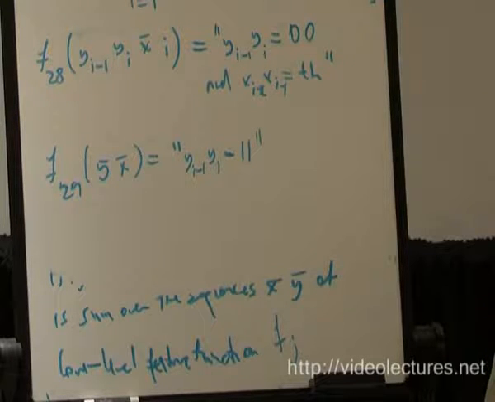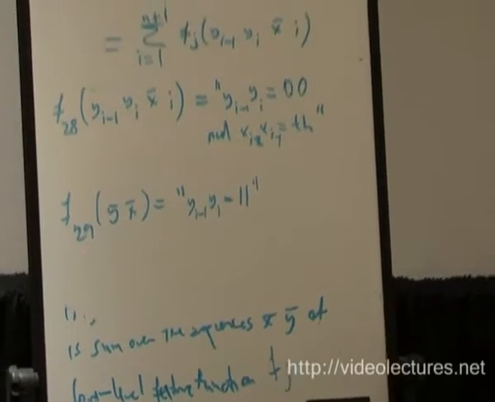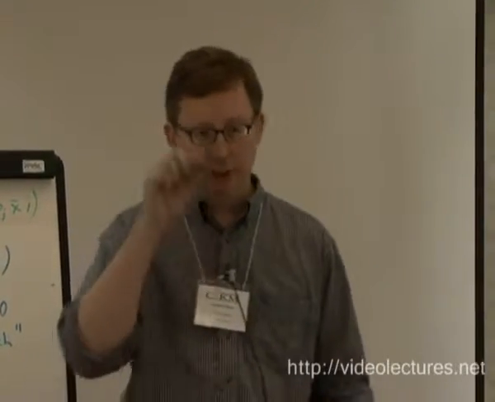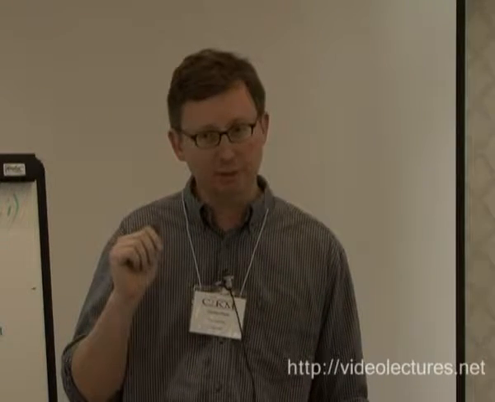But if you're doing part of speech labeling, it might make a lot of sense that if you have a proper noun word before me and a proper noun word after me, then I'm probably a proper noun word as well. So for part of speech labeling, it would be quite useful to have low-level feature functions like proper noun, proper noun, proper noun. And that's unfortunately not allowed by this framework.